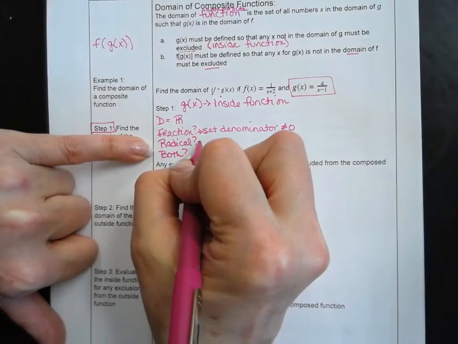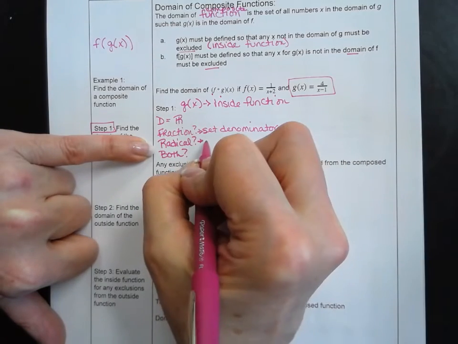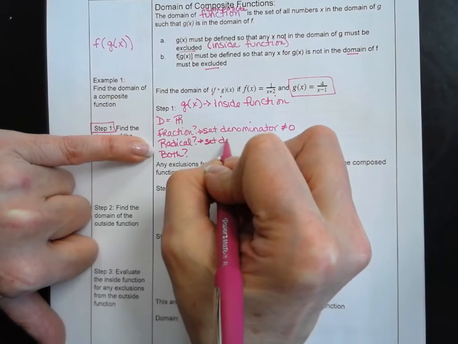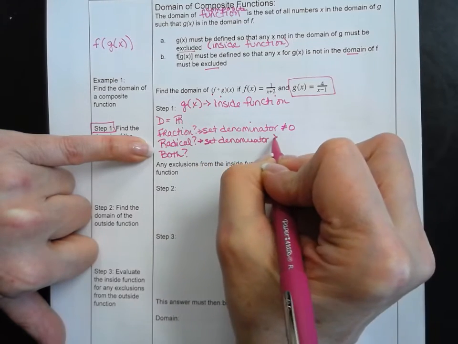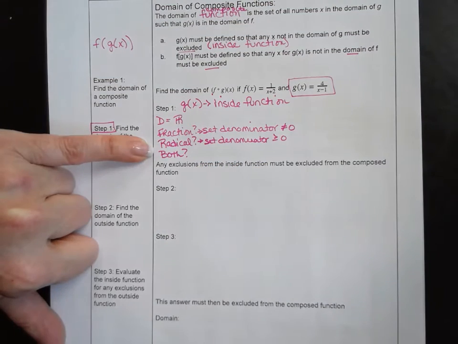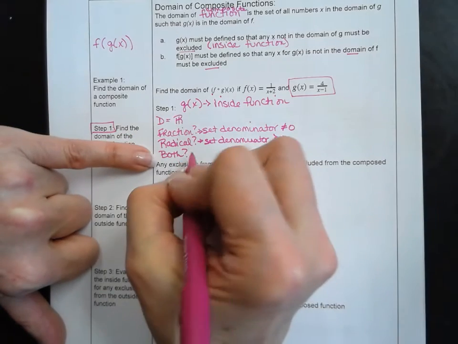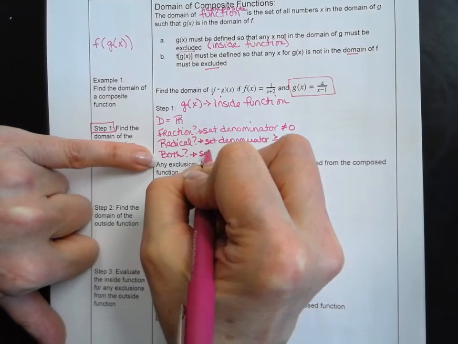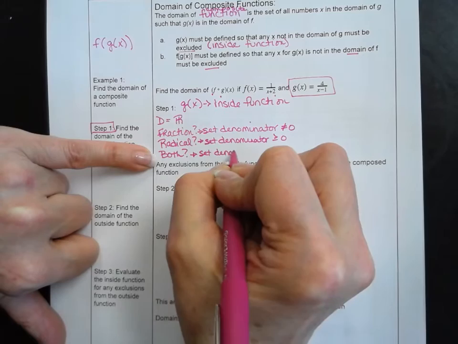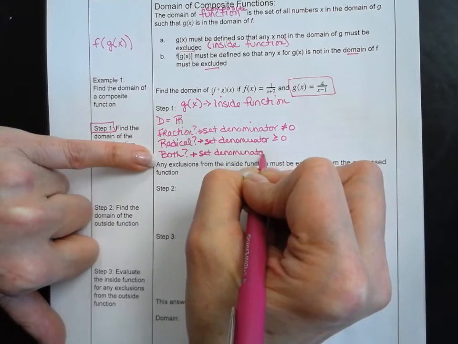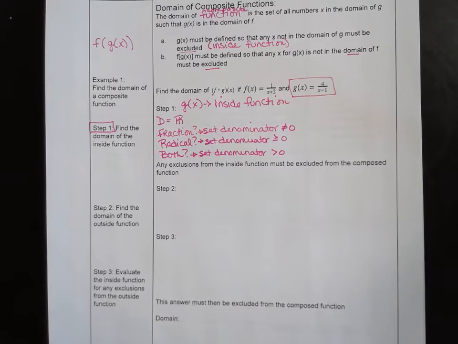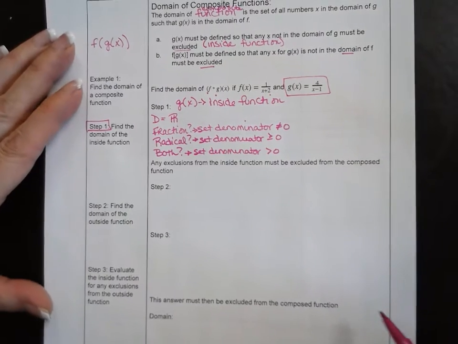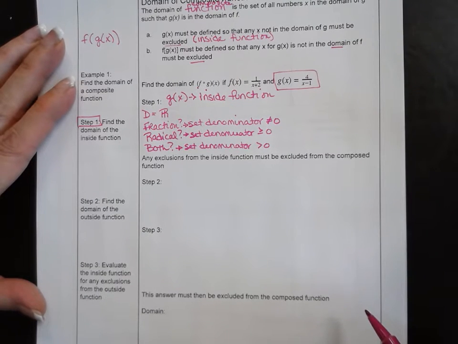Okay. If it was a radical, we set the expression so that it was greater than or equal to 0. And if it was both, we set it to just greater than 0. Remember that? Yes?